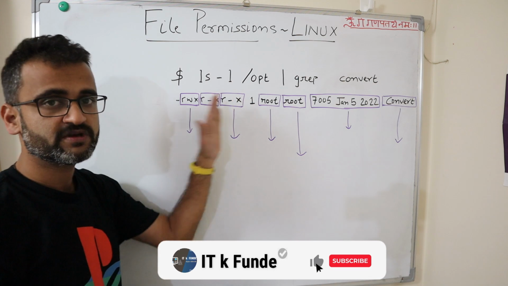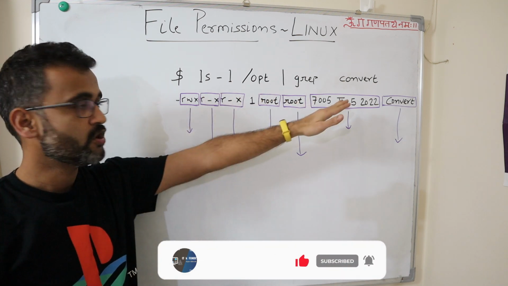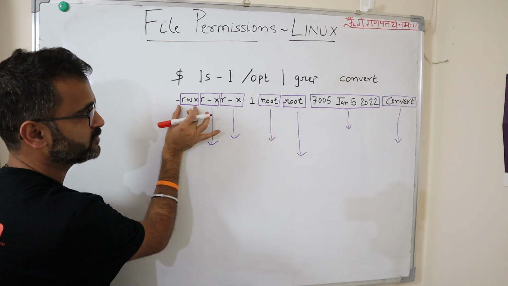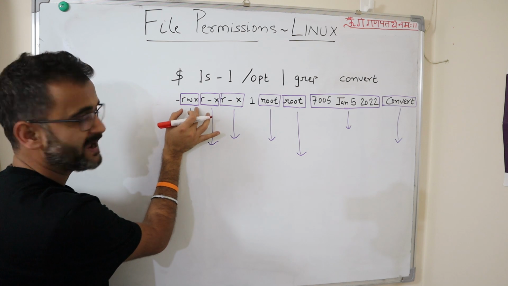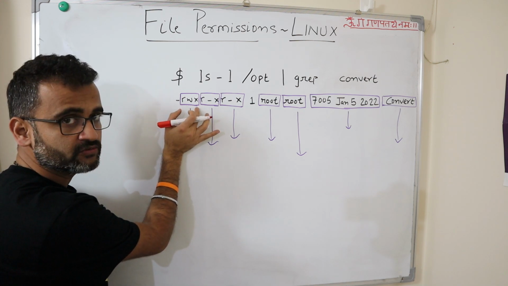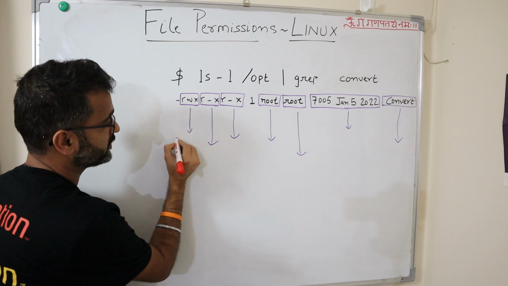Now this is the most important part because this shows the permissions which are currently present on this particular file. The first set of 3 letters rwx denotes read, write and execute, and this first block is for the owner.